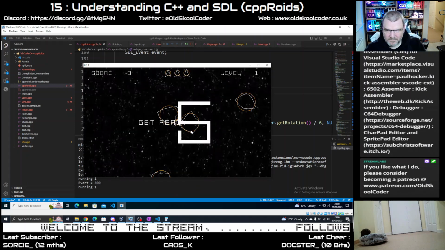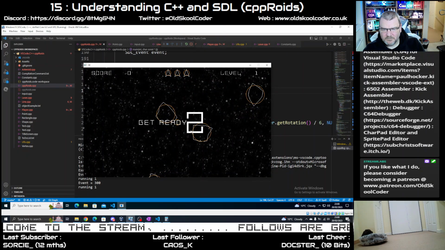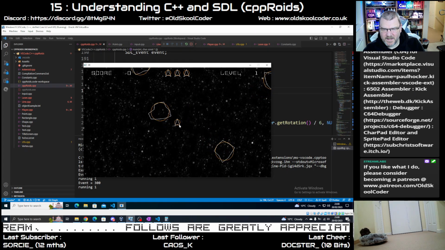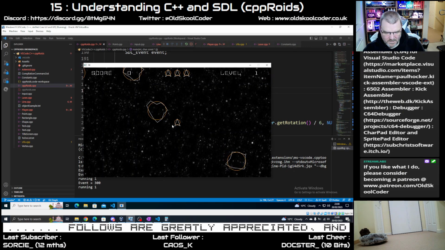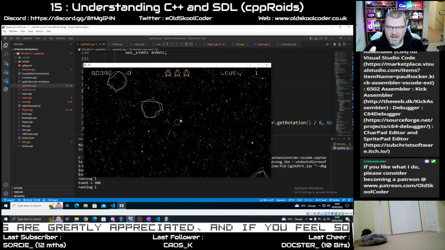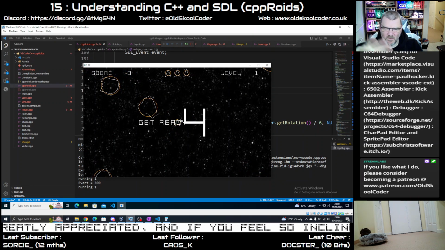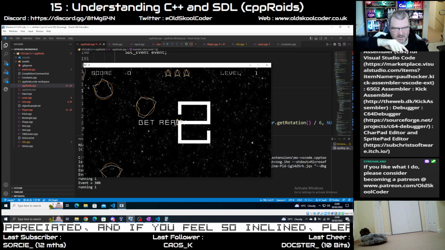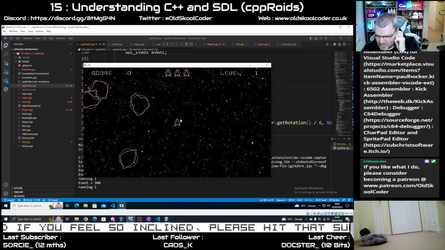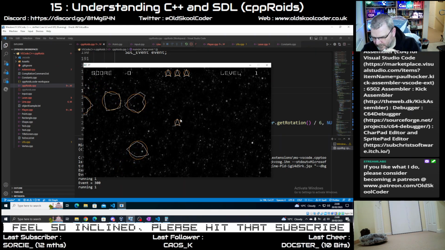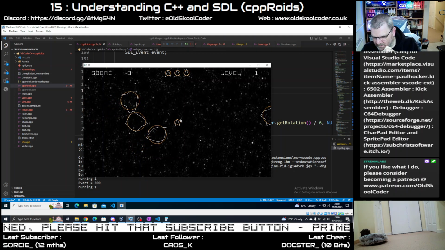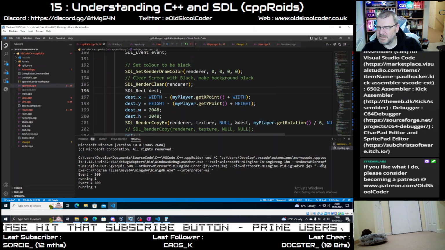I think it's because the Y is big and the X is little, right? So when it rotates, yeah, it's rotating like it's an ellipse. So, but how are we going to do that? How are we going to solve that?